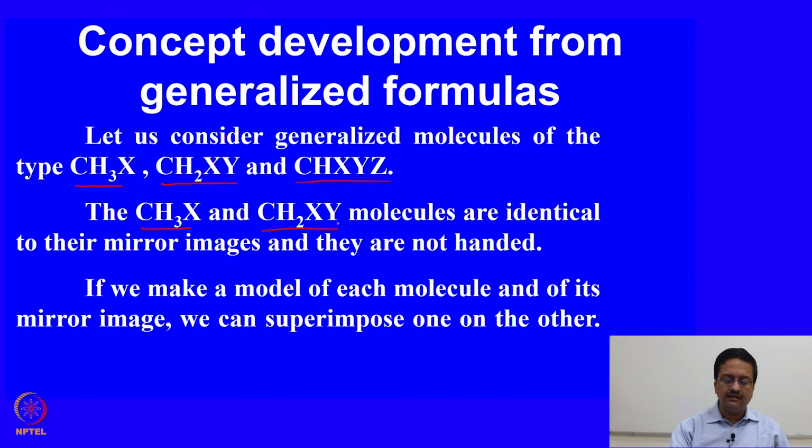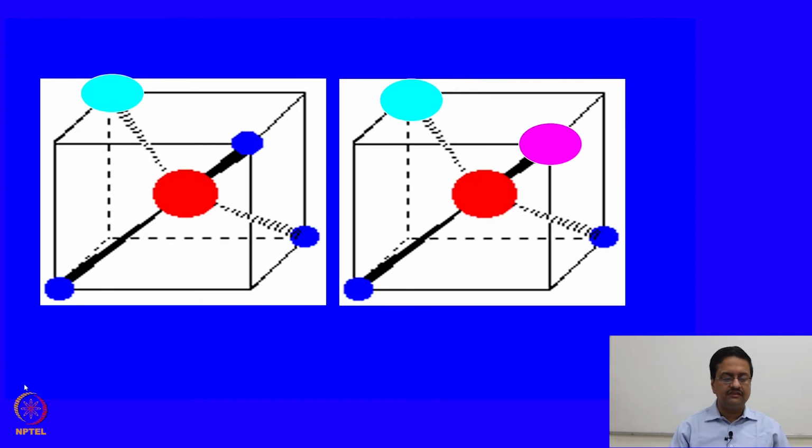If we make a model of each molecule and its mirror image, we can superimpose one on the other. For example, if we have this molecule where you have three groups the same, and this where you have two groups the same, you take a mirror image of these molecules, and you will see that the mirror image can be superimposed on the original molecule without any problem. Therefore, these molecules are not handed, or not chiral.